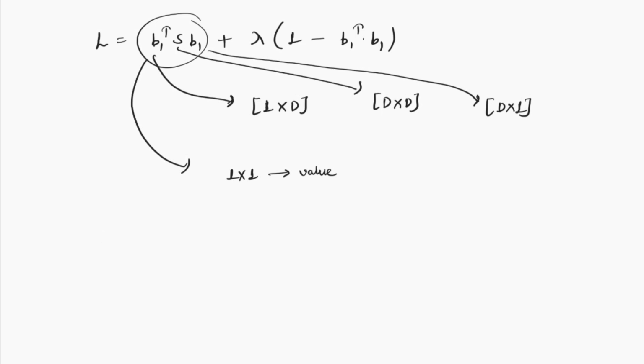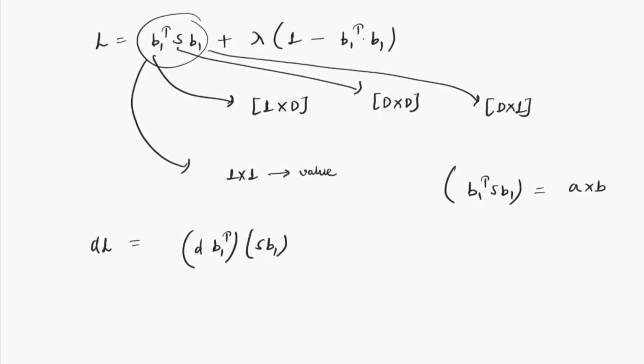So when you take the derivative of L, it becomes the derivative with respect to b1 transpose. We are keeping b1 transpose as A and the rest as B, and we will use the chain rule.